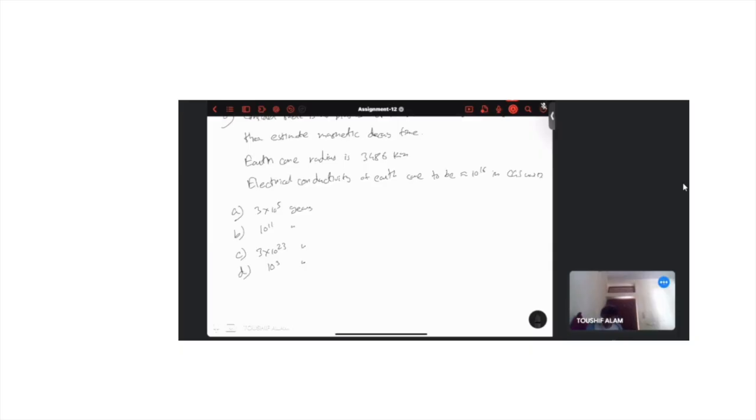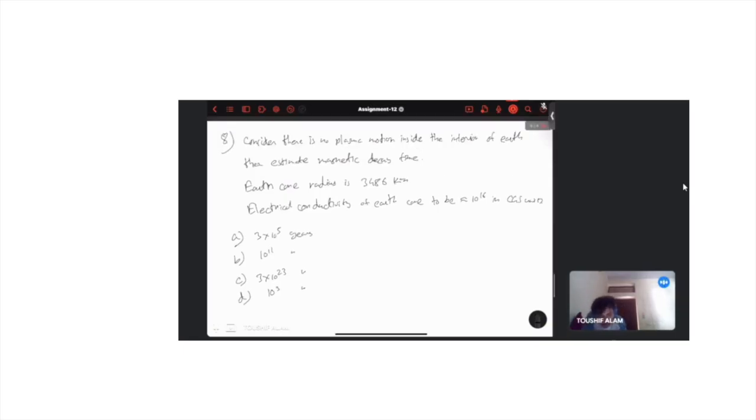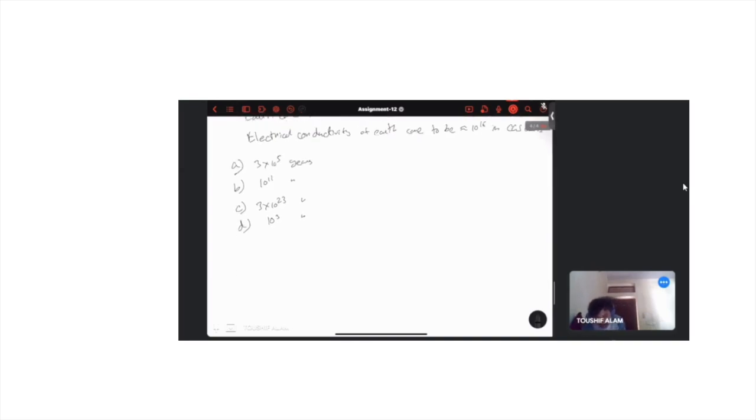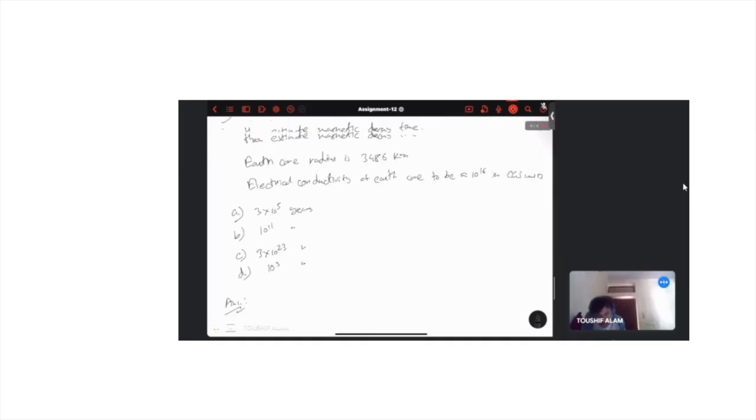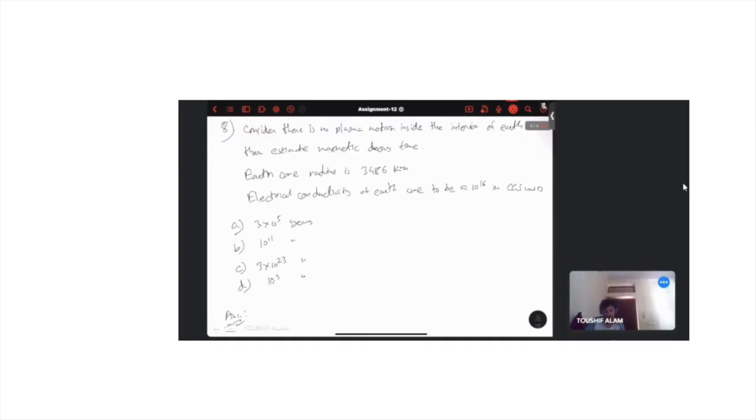So then what would be the magnetic decay time? So, magnetic decay time.